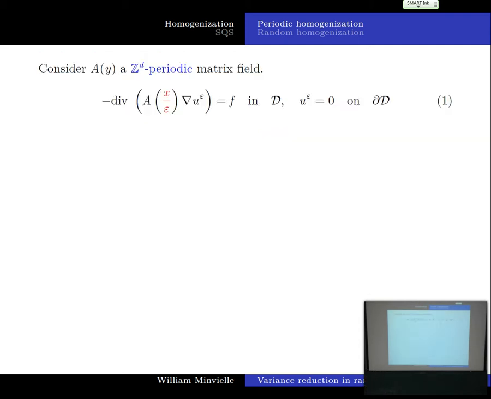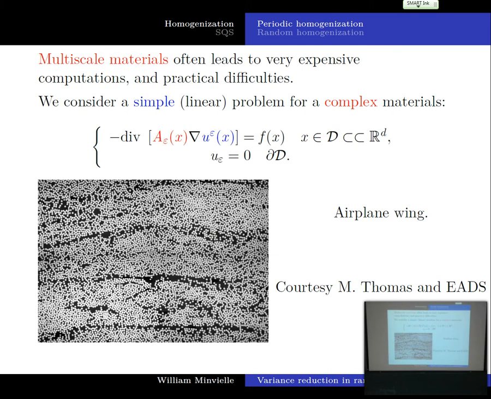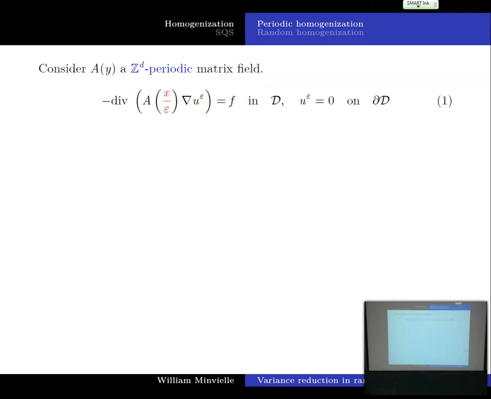Okay, so let's start with a modeling assumption. Let's assume that, for instance, A is just one single periodic function, which is rescaled, and see where this leads.